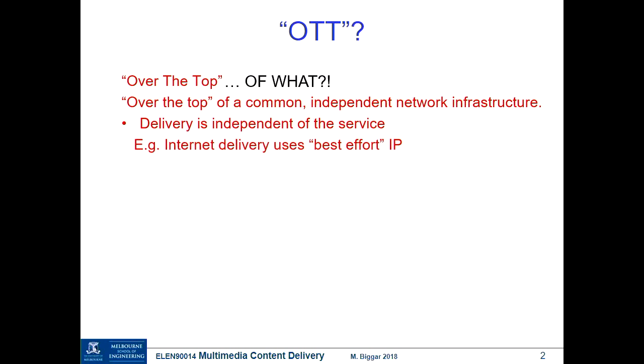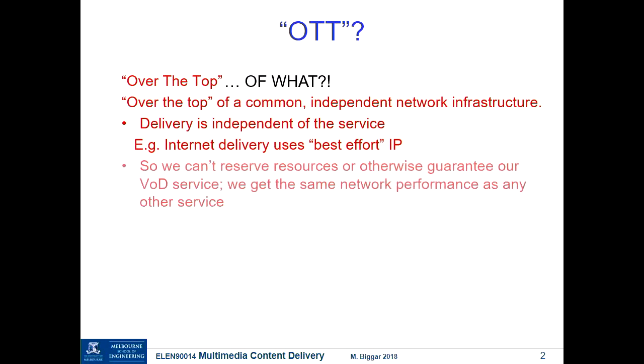Everyone uses the best effort IP layer that's supported by the routers of the internet. So we can't do things like reserve resources and say, oh, I've got this video on demand service that I'm selling to these customers. I want to reserve the bandwidth. I want a guarantee of service, but rather we get the same network performance as any other service. So that's why it's called over the top.